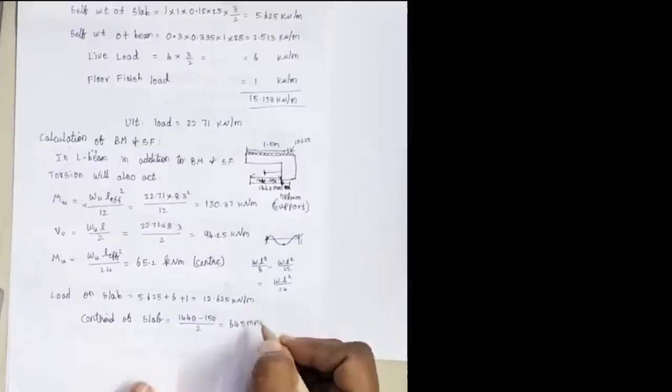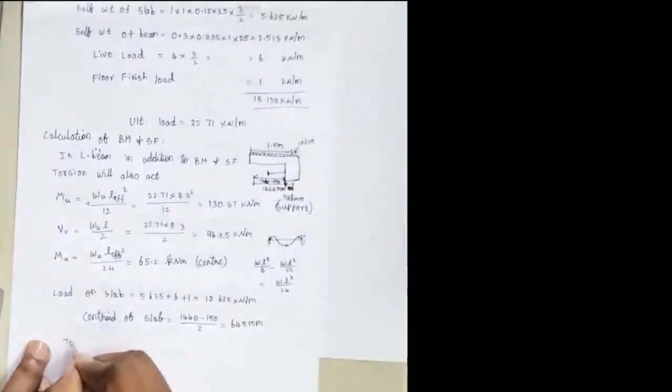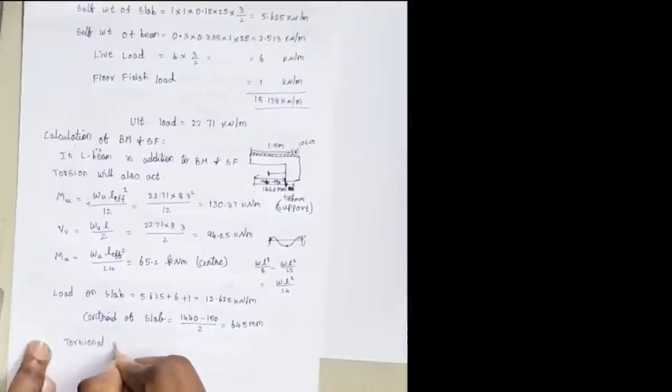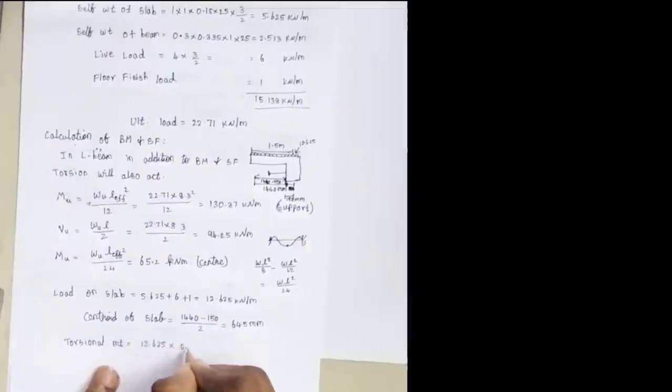In order to calculate the moment, we know the load and we need to multiply it with the perpendicular distance. So the load is going to act like this, and this is going to be my perpendicular distance. So I am going to calculate the torsional moment. Torsional moment will be equal to load, that is 12.625, into distance 0.645.